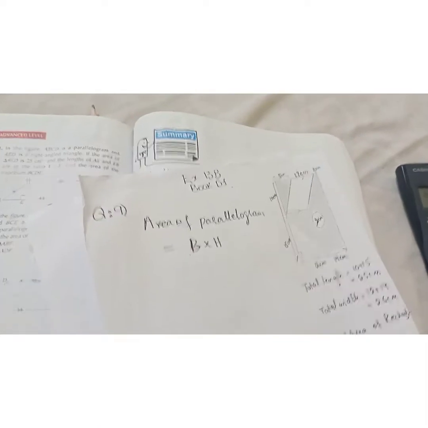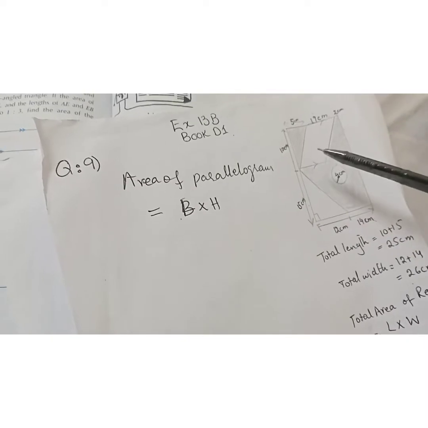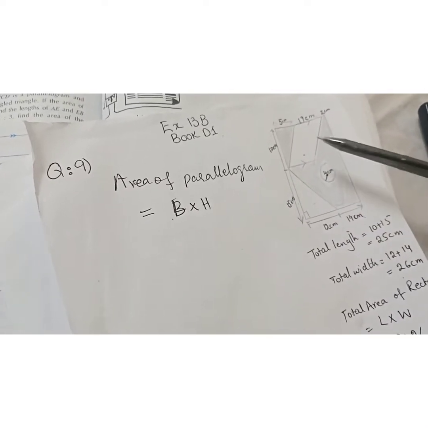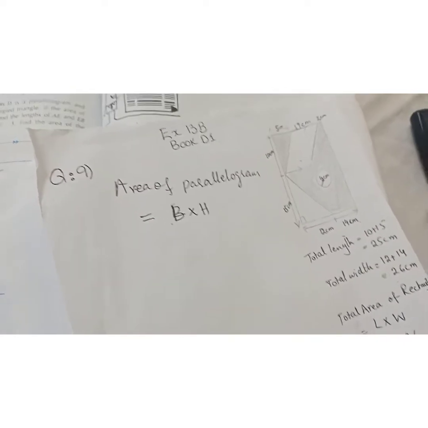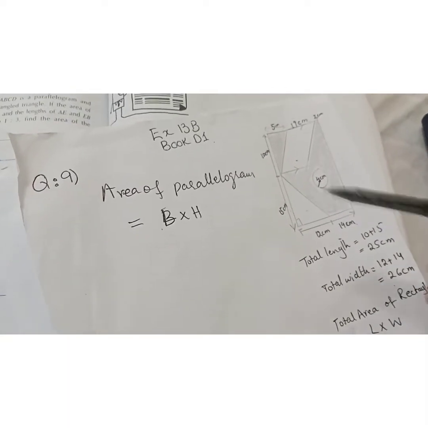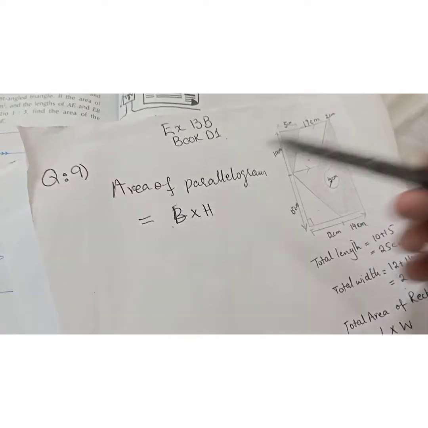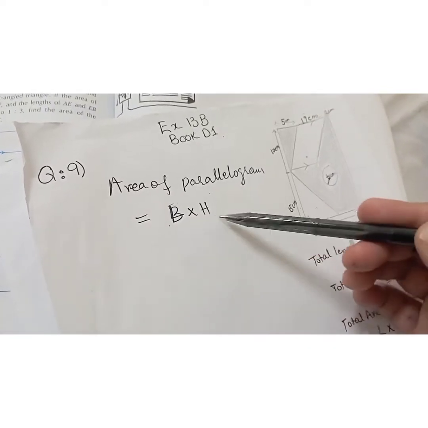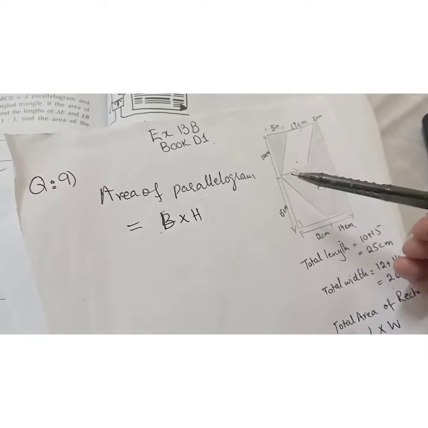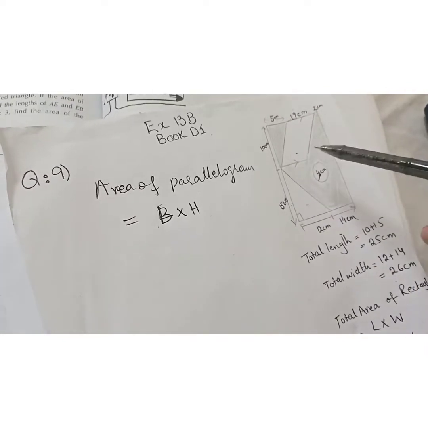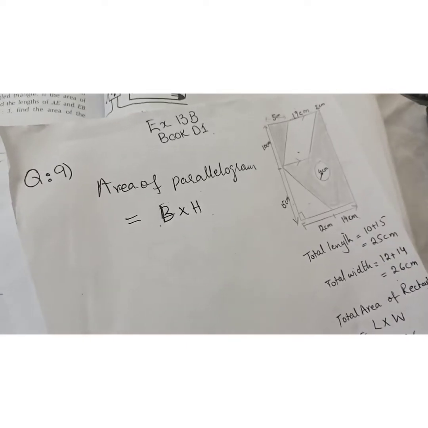Now we can see that there are three figures: a parallelogram, a triangle, and a circle. Let's calculate their areas one by one. The area formula of the parallelogram is base into height. The base is the side on which the height has been dropped.